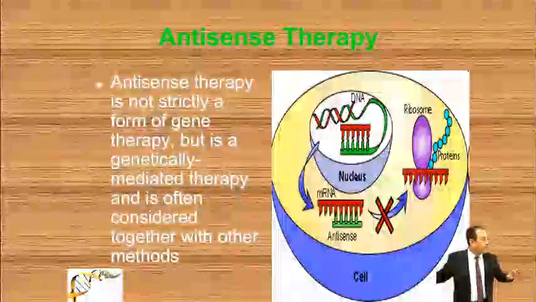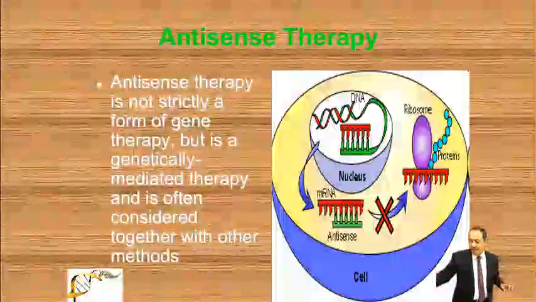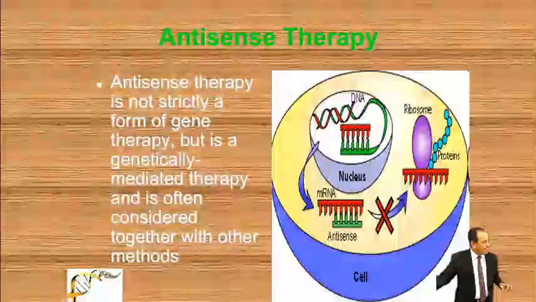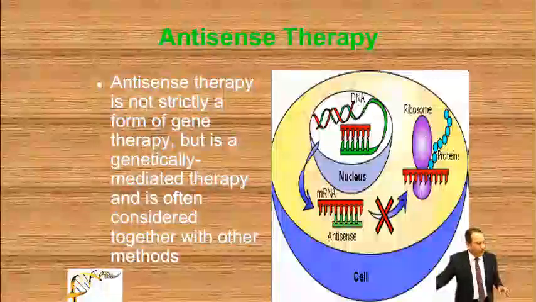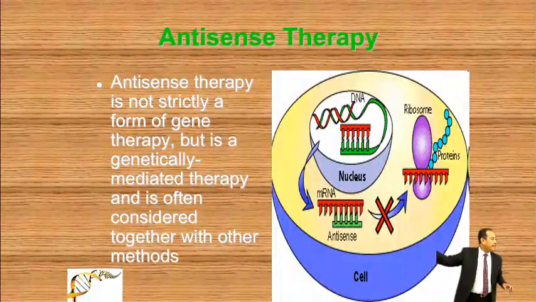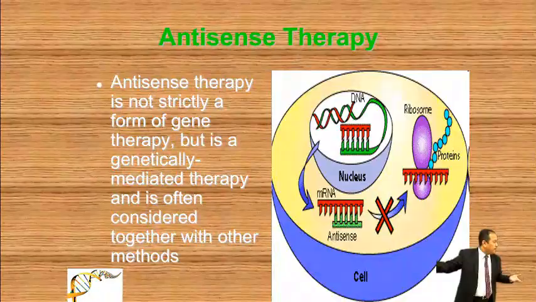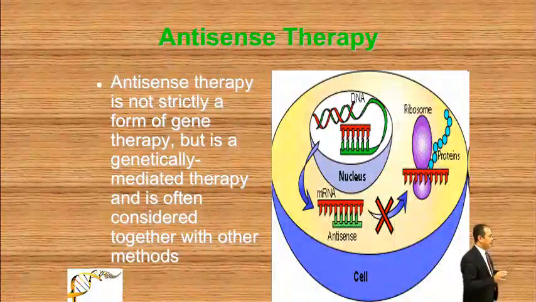In antisense therapy, certain sequences will be bound to the antisense here and stop the passage of messenger RNA to the ribosome to synthesize the protein. At this stage, the process will be stopped.